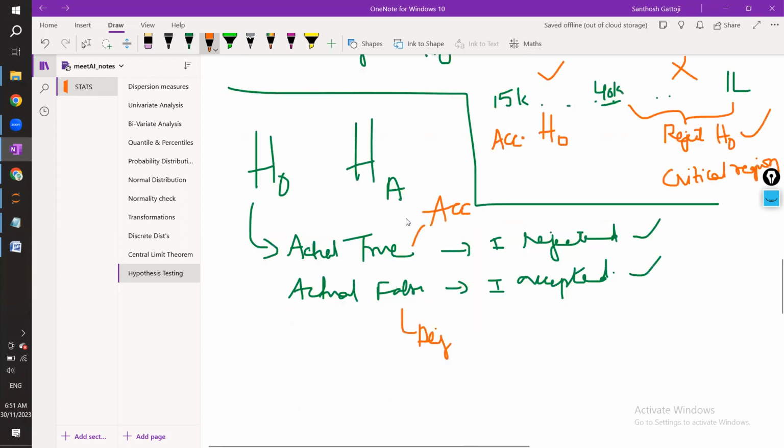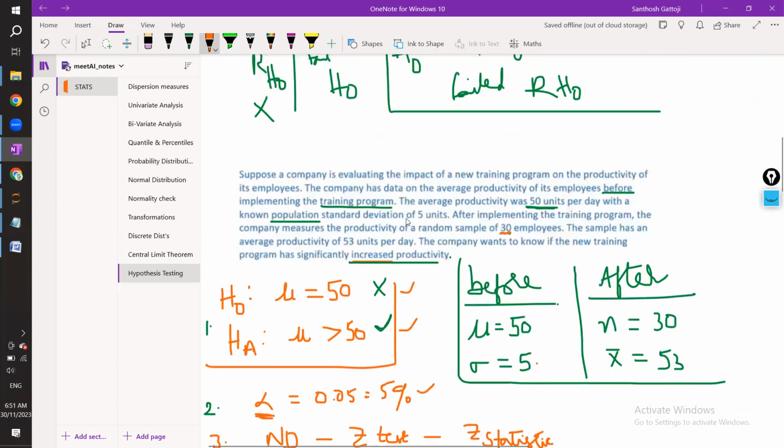But in yesterday's problem, our point was the company wants to know if the training program has significantly increased productivity. That means greater than 50. I want to test for this, because they're saying increase, I want to just check whether the latest mu after the training is greater than 50 or not.